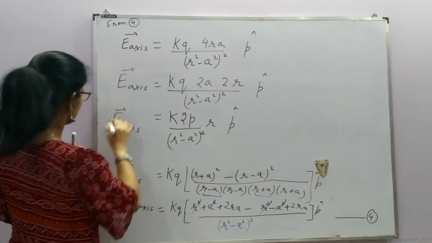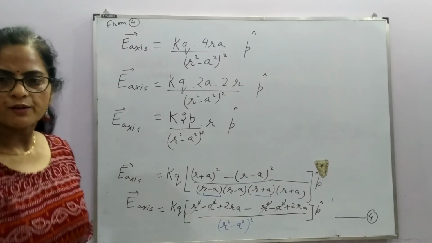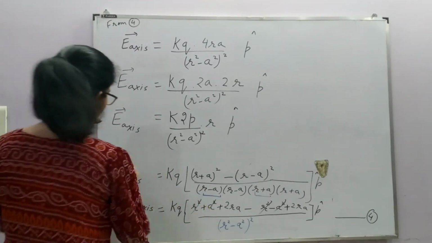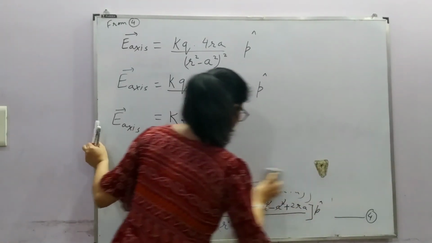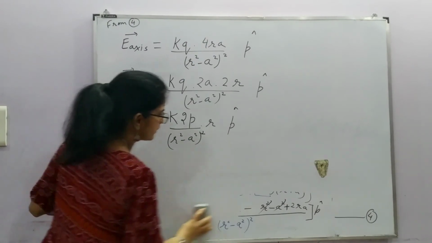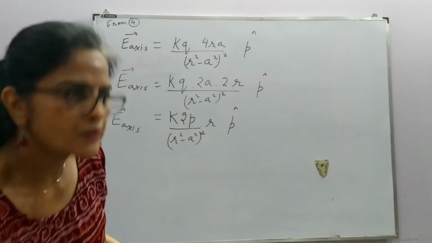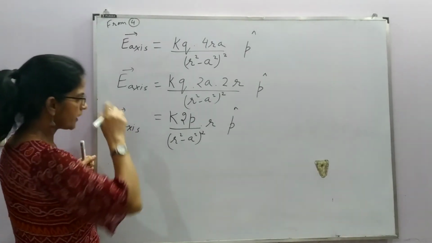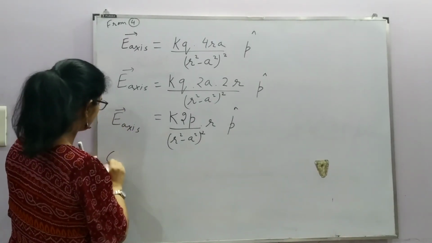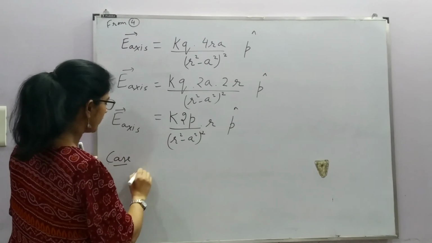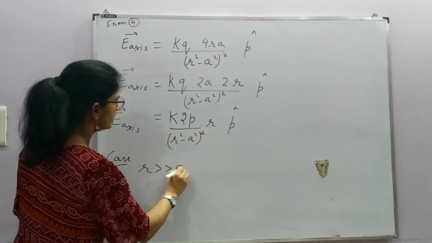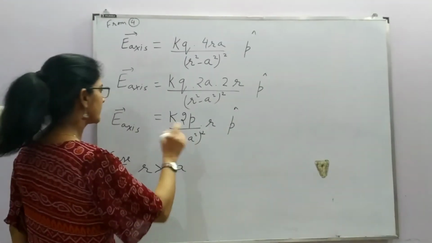The special case is the case where point P is very far away from the dipole. In other words, the distance of point P from the center of the dipole is very, very greater than the size of the dipole. So we are using the case where R is very, very greater than A. So we can neglect this.